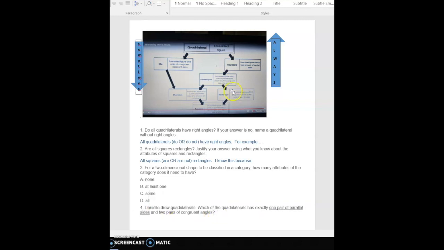So you're going to look for the type of quadrilateral that has one pair of parallel sides. And then your answer is going to say, Danielle drew a, I know this because, and then you're going to talk about the attribute that it had.